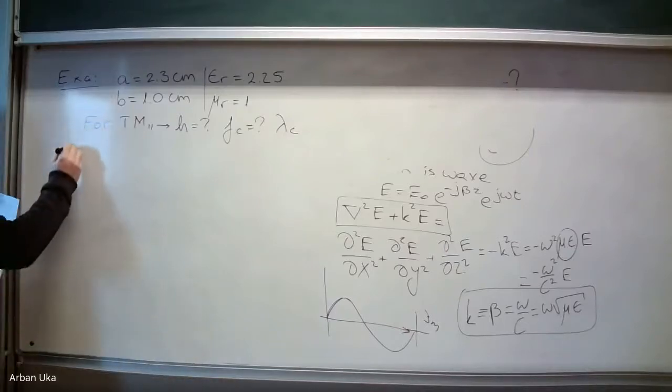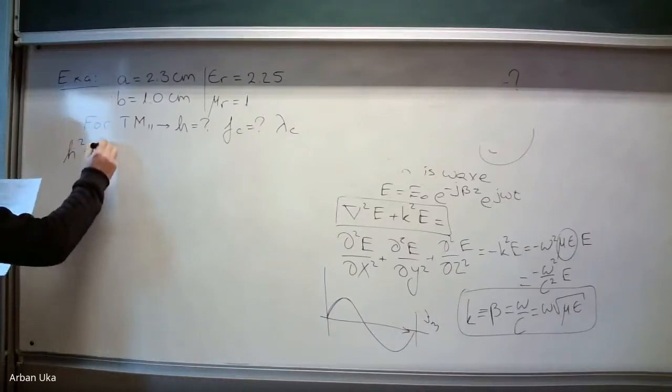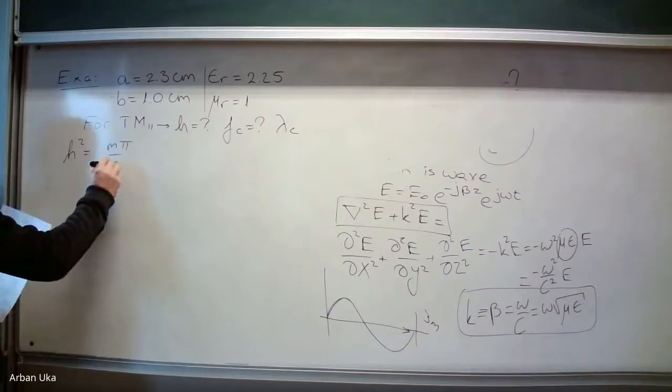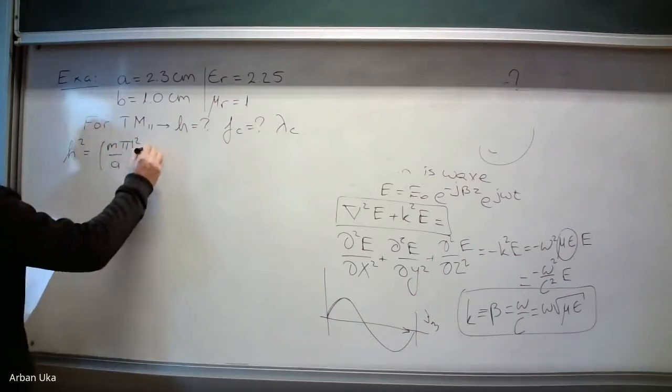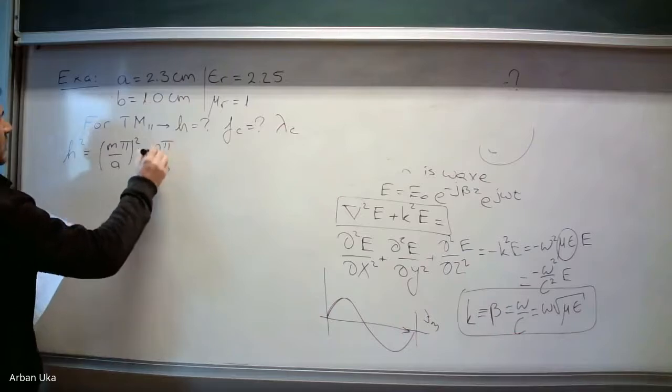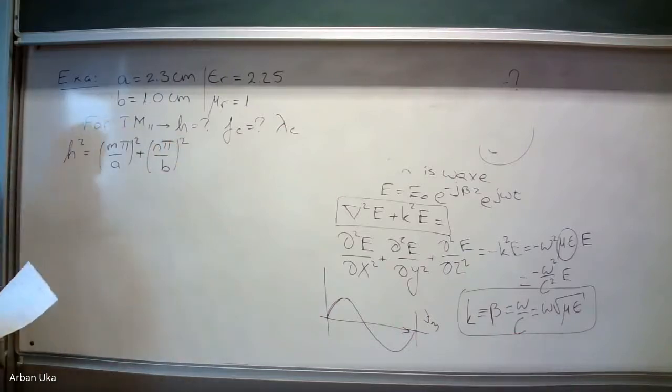First of all, H squared is equal to (m pi over A) squared plus (n pi over B) squared. The A and the B we know them, it's not that difficult. And then we also have the expression for the cutoff frequency.